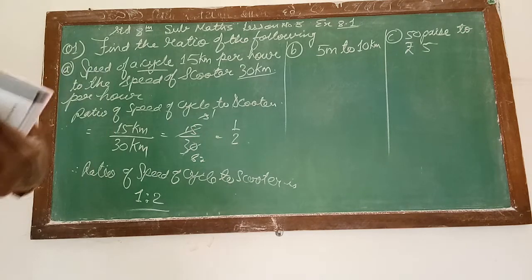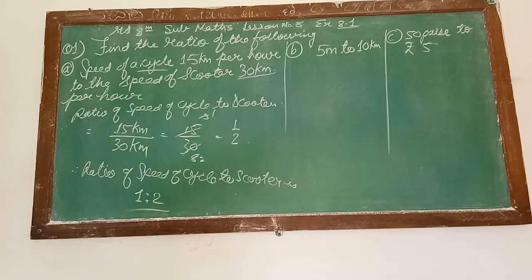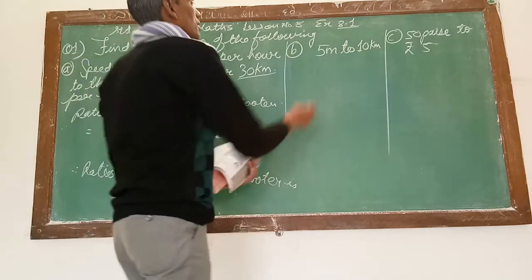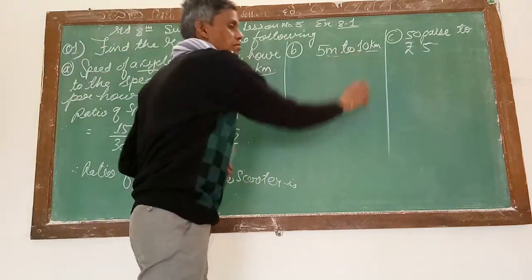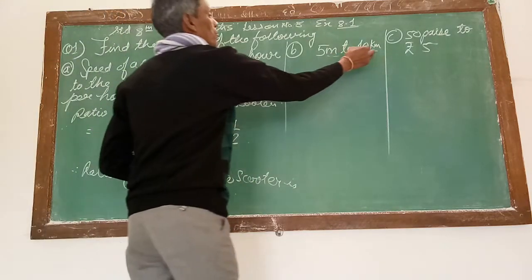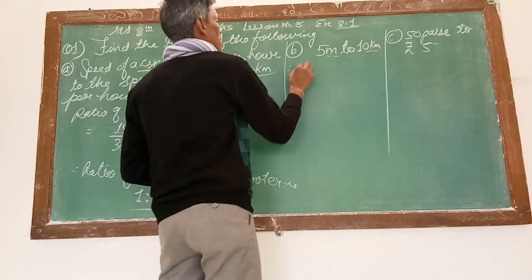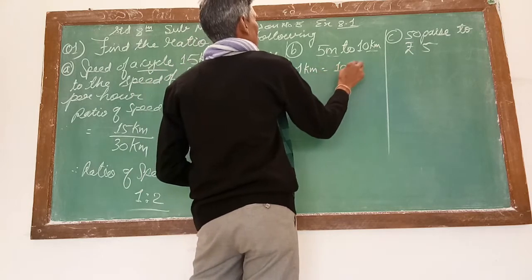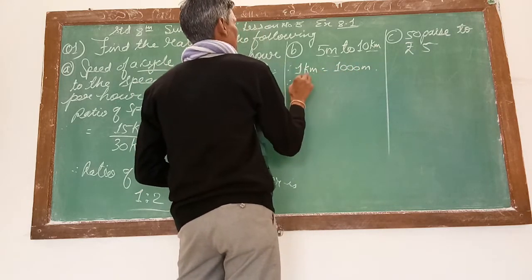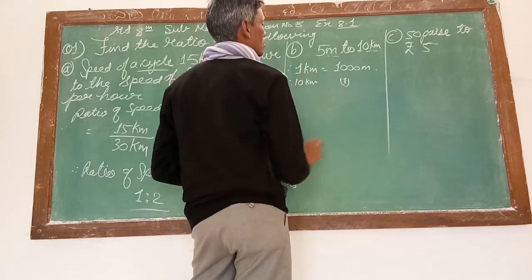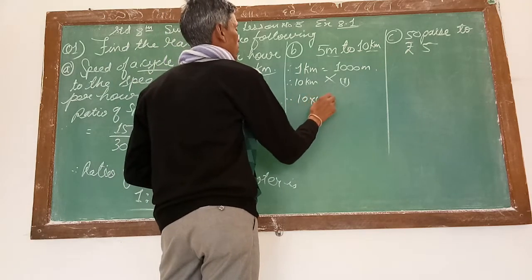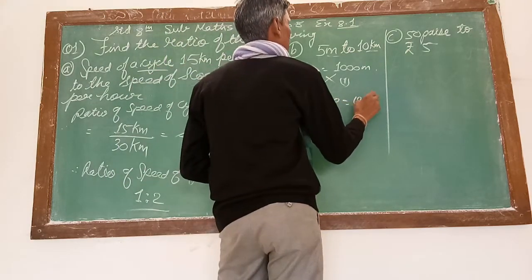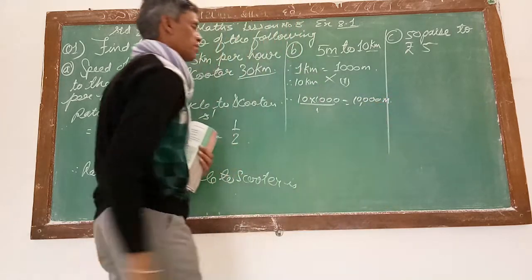Next question. If you read this question, 5 meter to 10 kilometer. Meter and kilometer are the same unit of distance, but kilometer is the bigger unit and meter is the smaller unit. So we have to convert this kilometer into meter. 1 kilometer is equal to 1000 meter. 10 kilometer is equal to how many meter? 10 into 1000 means 10,000 meter.